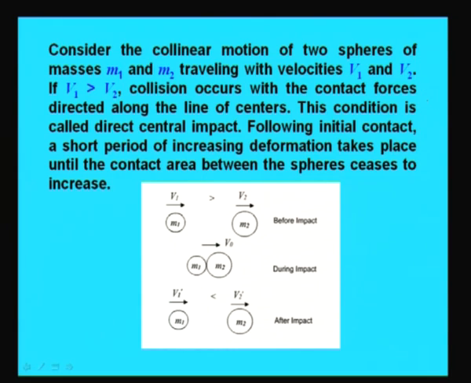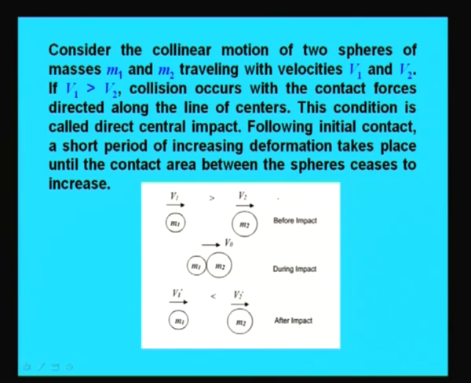If v1 is greater than v2, then collision occurs with the contact forces directed along the line of centers. So contact forces are directed along the line of centers, that means along the normal, and therefore this condition is called direct central impact, because the mass centers are in the same line and the collision velocities are also along the common normal.